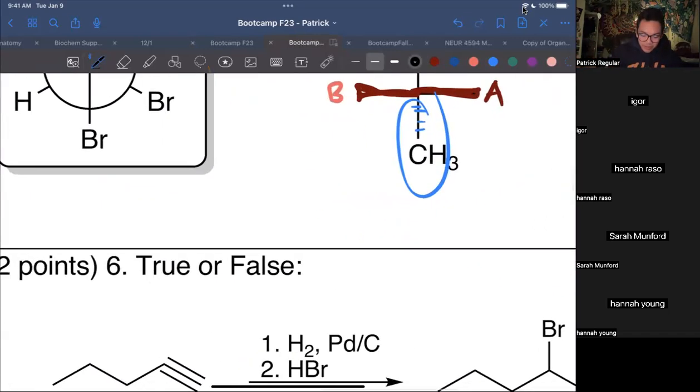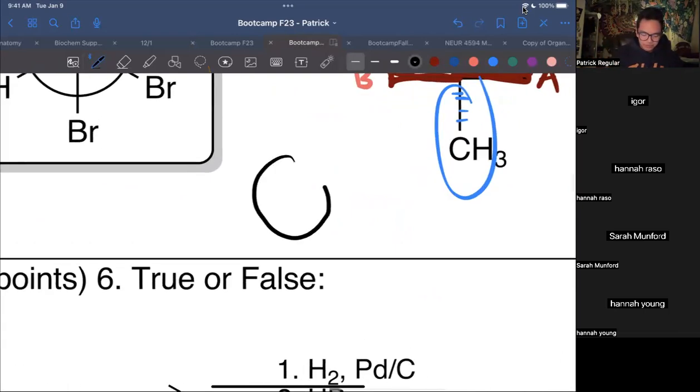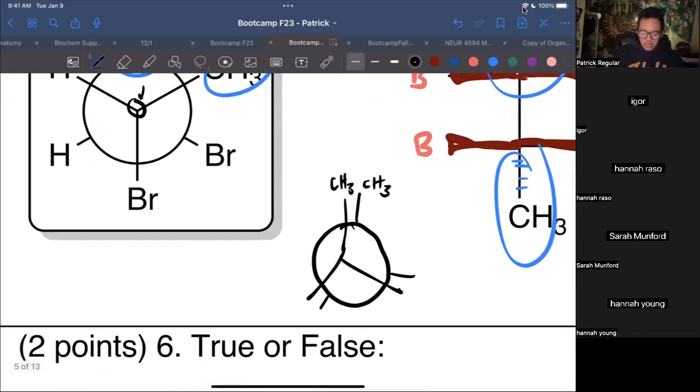It's going to look very small, but trust me, you have the recording. You're welcome to go back. If I were to eclipse them, it would look like this. CH3, CH3. This carbon right here, I'm just rotating it a tiny bit. The Br would now be eclipsed with Br, and the H would be eclipsed with H.